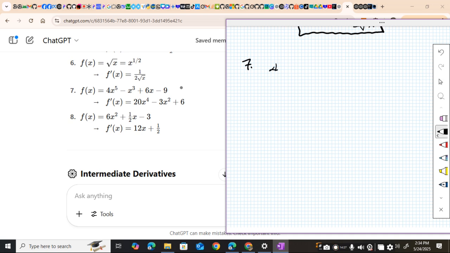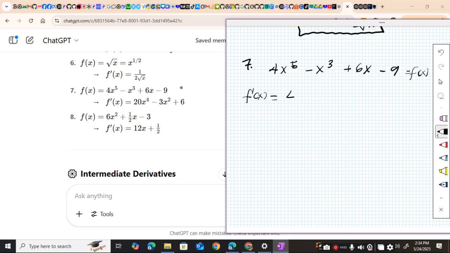It's also an application of the power rule. So multiplied to a constant. 4x raised to the 5th minus x cubed plus 6x minus 9. So this is the function. So the derivative now, I hope you can follow it already.